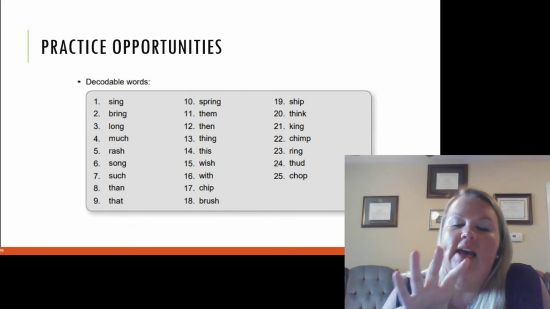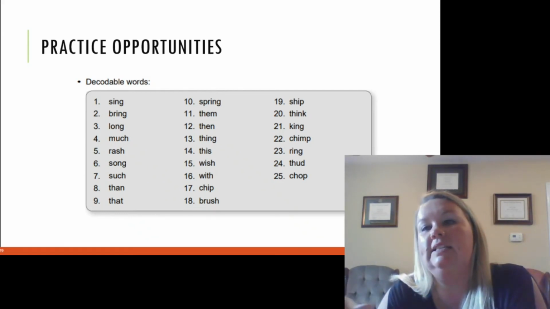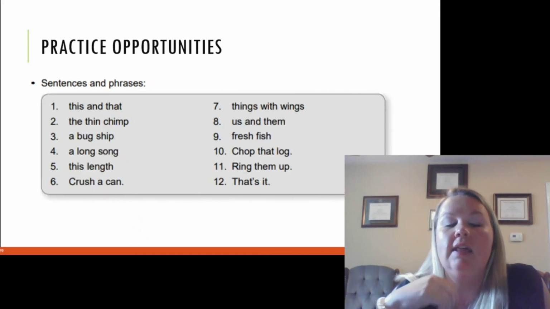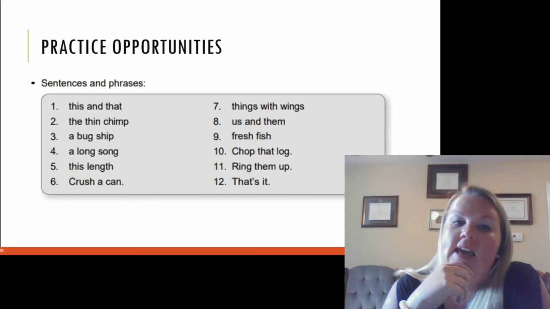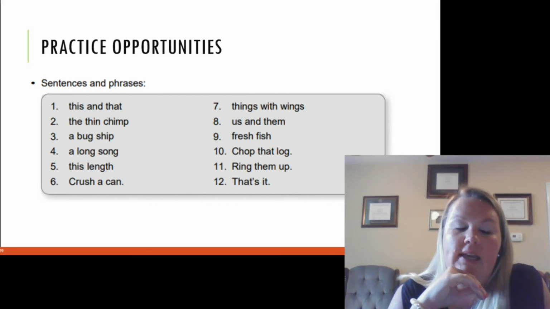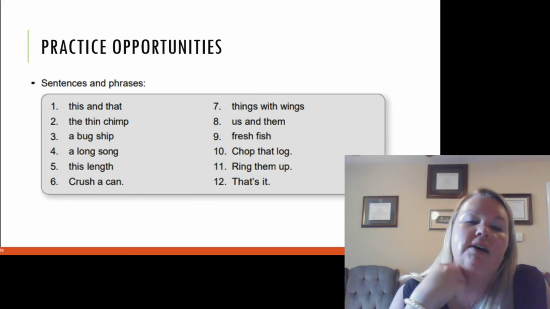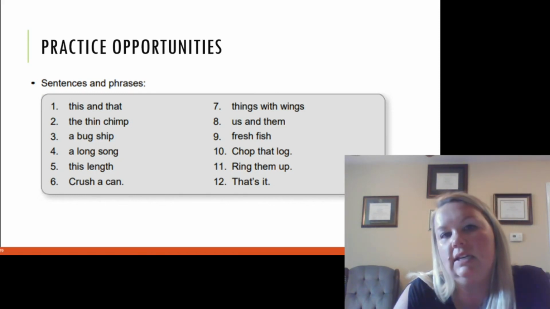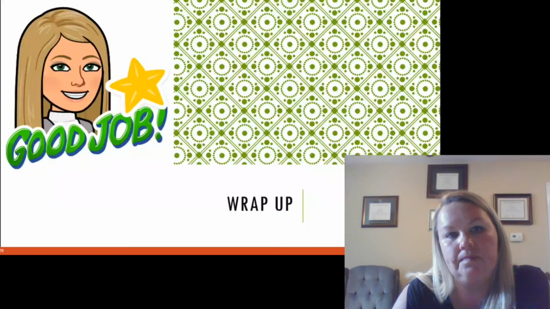But these are words that you should, based on the lessons you've had, be able to read on your own. These are sentences and phrases that you should be able to read on your own based on your code knowledge and your tricky words. Okay? So if you want to pause and practice here, that would be a great thing to do.